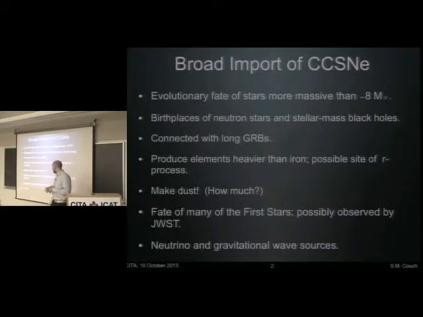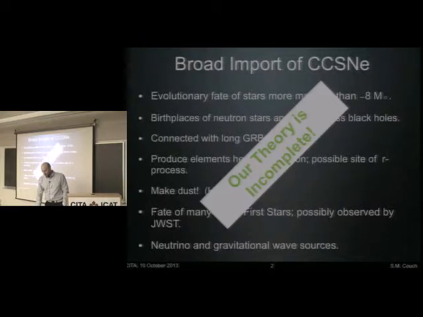And they produce copious amounts of neutrinos, and also gravitational waves. So as multi-messenger observatories come online in the next few years, or, well, some like neutrinos are already online, we might observe a galactic supernova in neutrinos or gravitational waves, which would be very exciting. The thing is, our theory of quark collapse supernovae is incomplete.